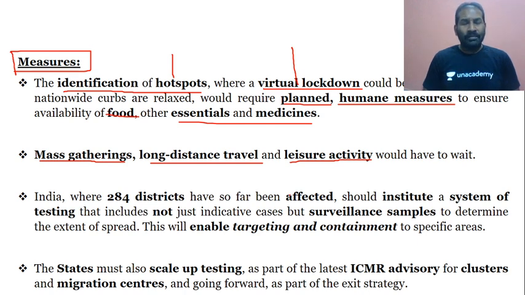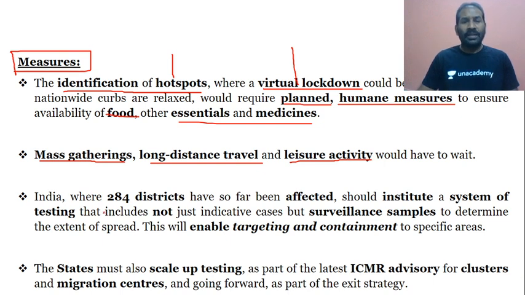But we have seen that asymptomatic cases, that is, a normal healthy person, until tested, is not known to have any symptoms. So testing is important. In that case, mass gatherings, long distance travel, and leisure activities should all be stopped.